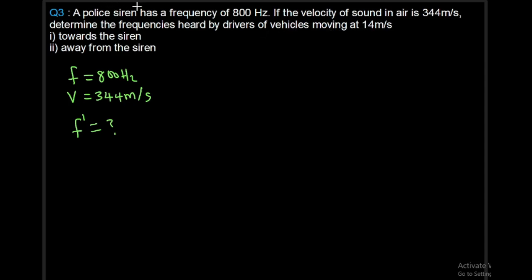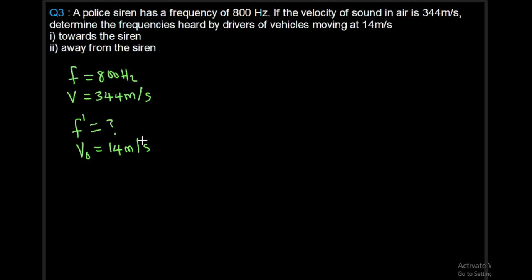They say the police siren has a frequency of this. So the police siren is the one making the sound, so it is the source of sound. The vehicles obviously will be the observer. Now they say the vehicles are moving at 14 meters per second. So we have velocity of observer equal to 14 meters per second.